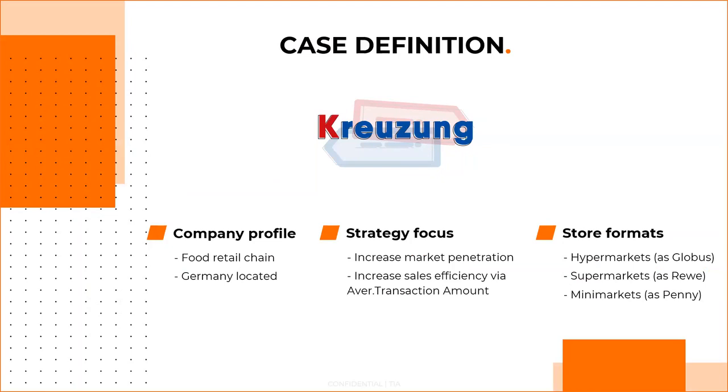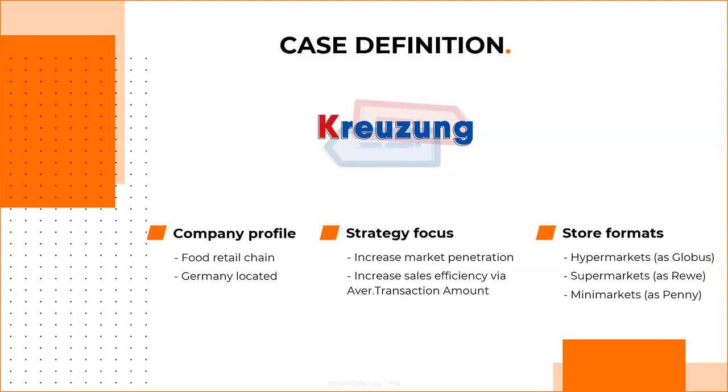So the Kreuzung chain has two targets to focus on: to increase the market penetration via CRM activity, and to improve sales efficiency via average transaction amount.